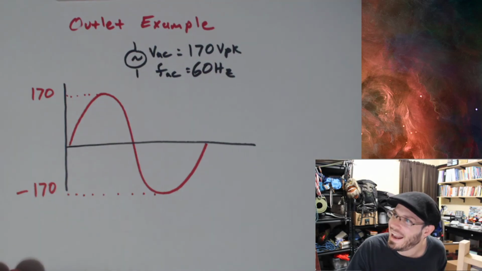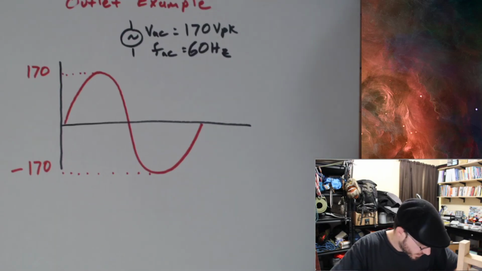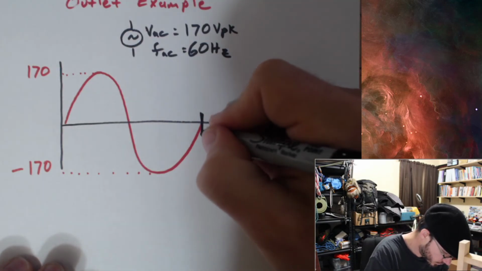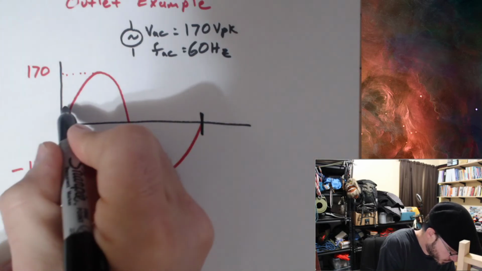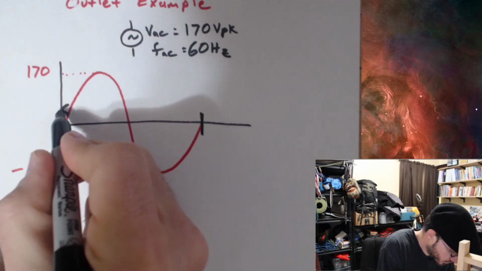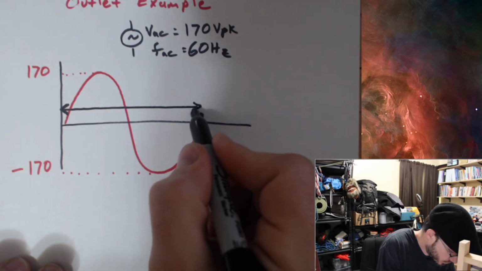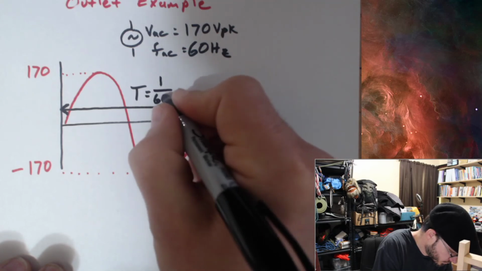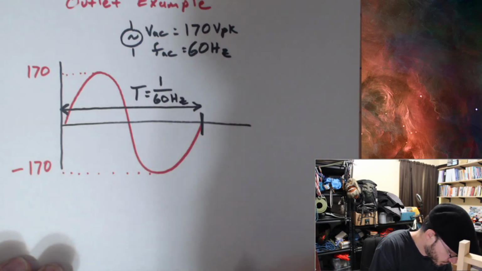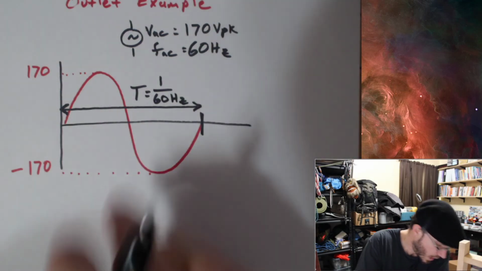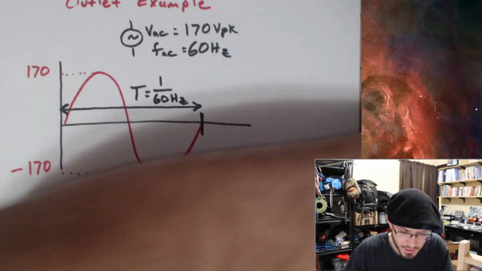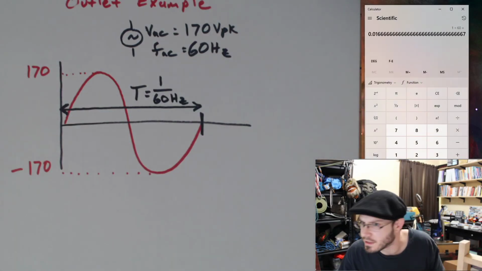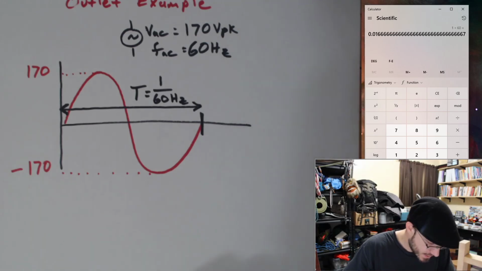So if we want to go ahead and express this voltage, let me go ahead and calculate the period out: 0.0167 approximately seconds.